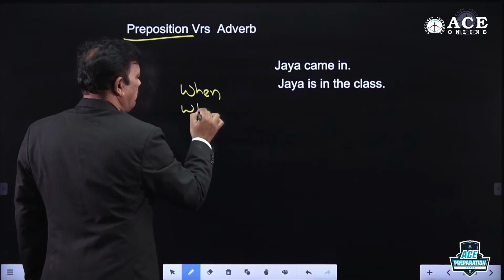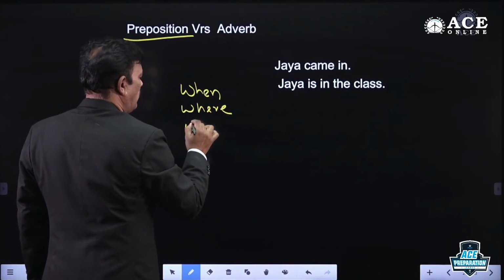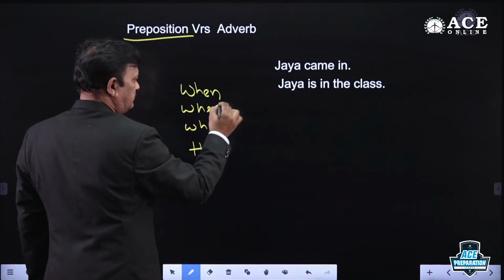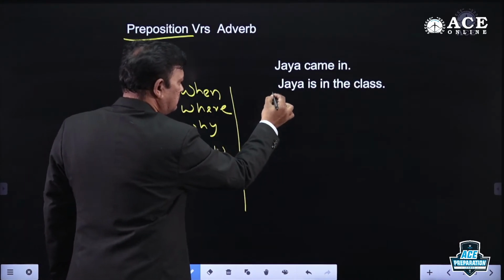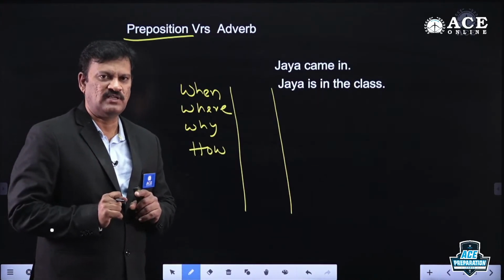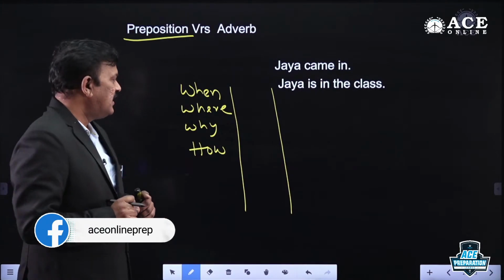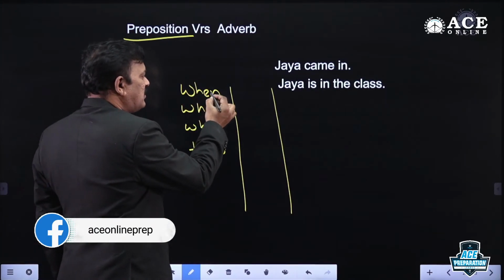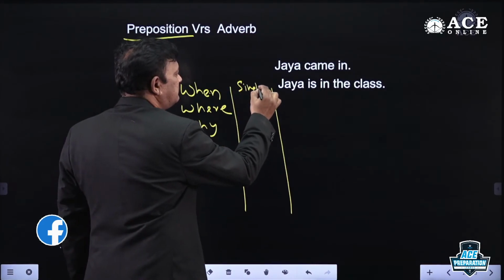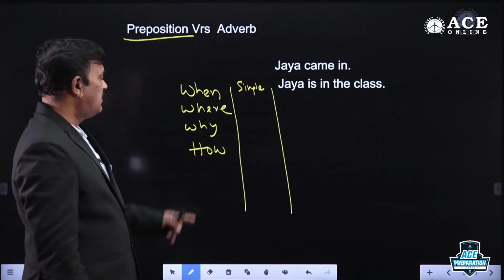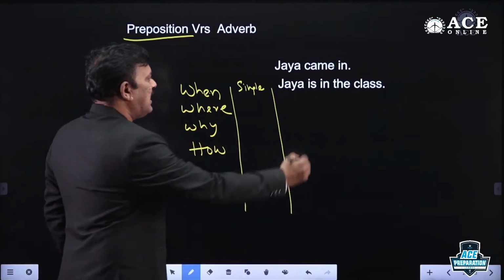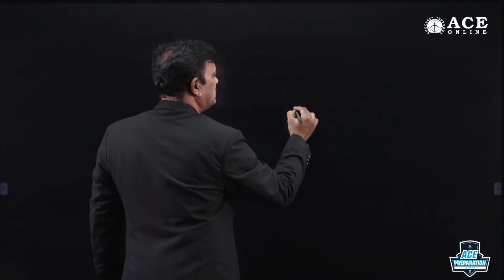When, where, why, how. In a sentence, please listen to me carefully. In a sentence, if the answer for when, where, why, how is a single word, let us see. In a sentence, if the answer for when, where, why, how is a group of words.